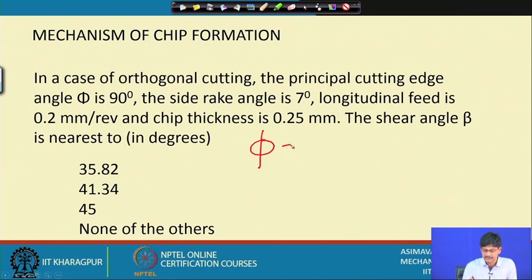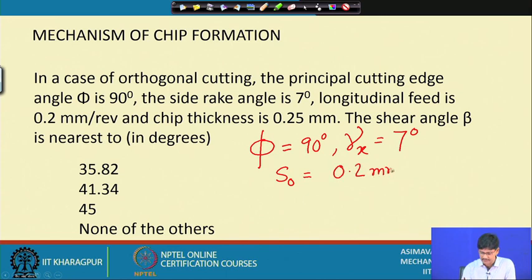It is given phi is equal to 90 degrees, gamma x is equal to 7 degrees, longitudinal feed S0 is equal to 0.2 millimeters per revolution of workpiece, and the chip thickness T happens to be 0.25 millimeters. The shear angle beta is nearest to, in degrees.